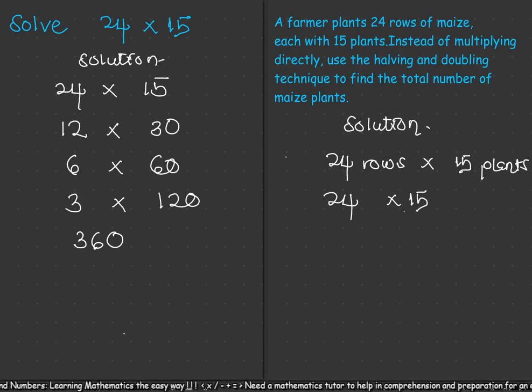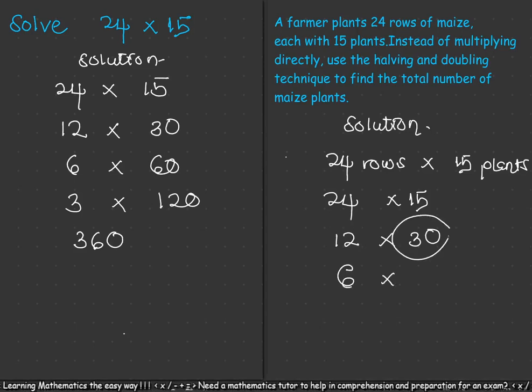So using our halving and doubling, the half of 24 is what? A 12. Then the double of 15 is 30. You can do your multiplication at this point and go your way, or you can still insist to proceed. The half of 12 gives us a 6. Then the double of 30 gives us 60.